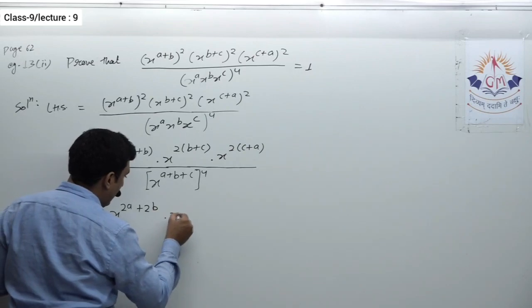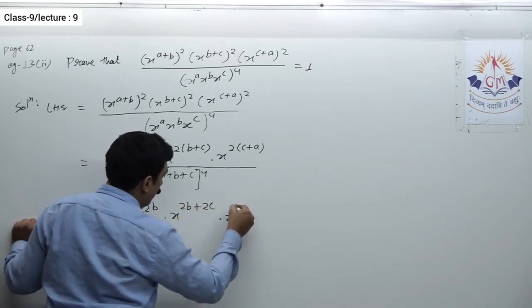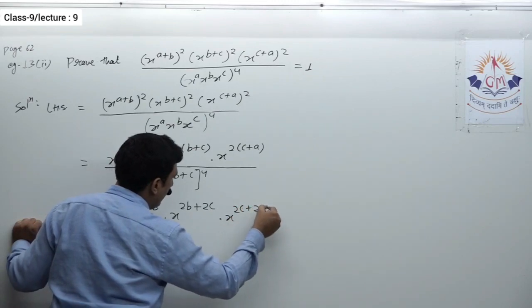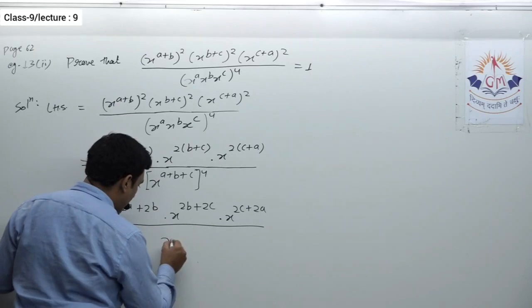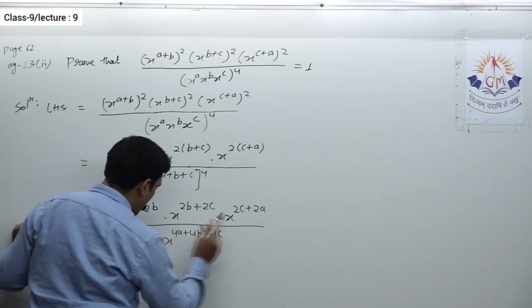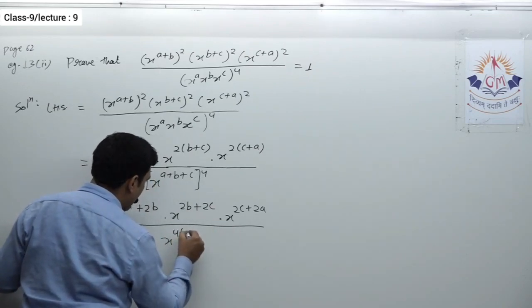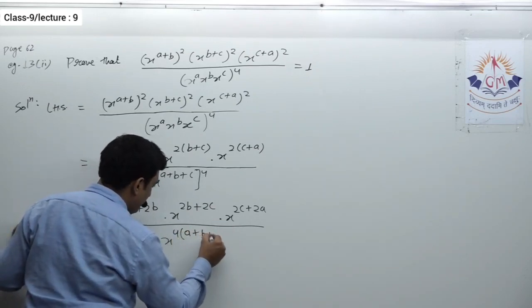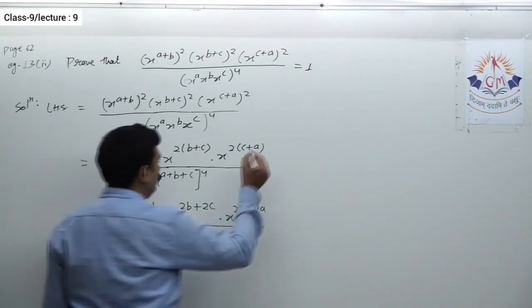Then x raised to 2b plus 2c, then x raised to 2c plus 2a, and in the denominator I can write x raised to 4a plus 4b plus 4c, or if you want to add one more step we can write it this way. Okay, x raised to 4 into a plus b plus c.